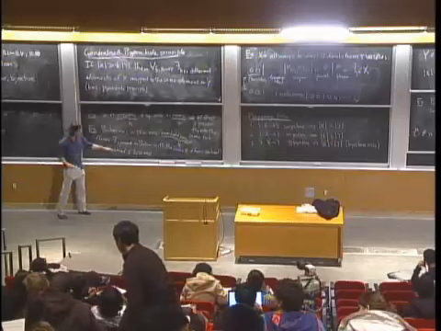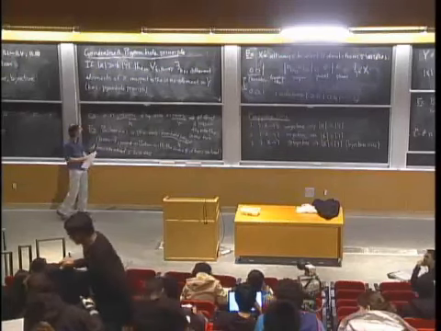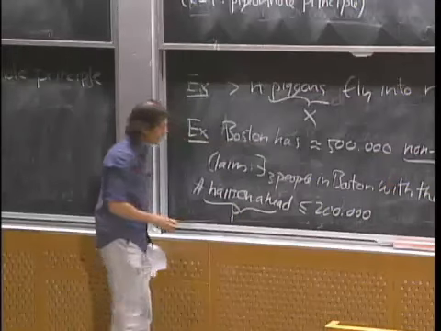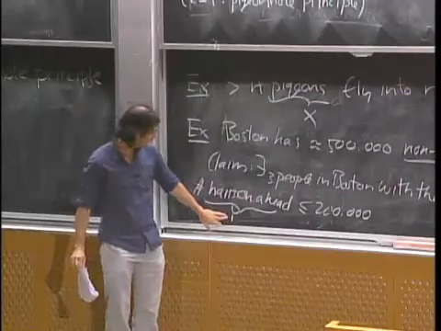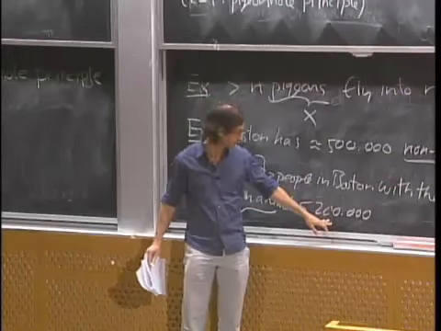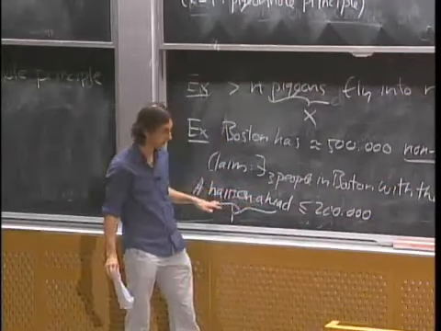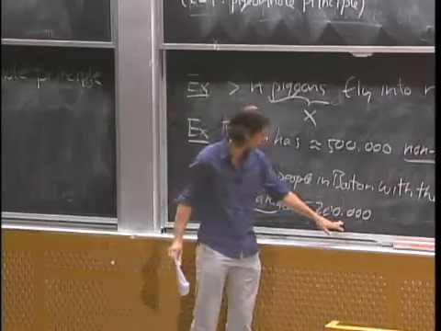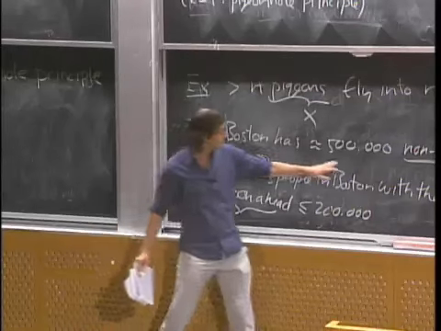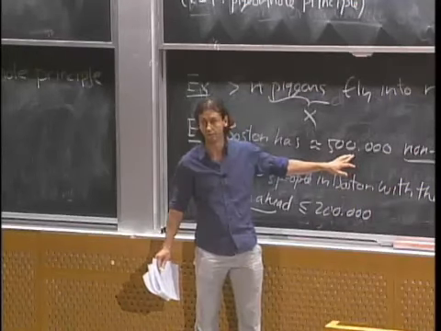So the number of hairs on one's head is going to be the set Y. And what do we know? We know that the cardinality of Y is at most 200,000. Actually, the way we defined it, it's exactly 200,000. And the set X has a cardinality of about 500,000.